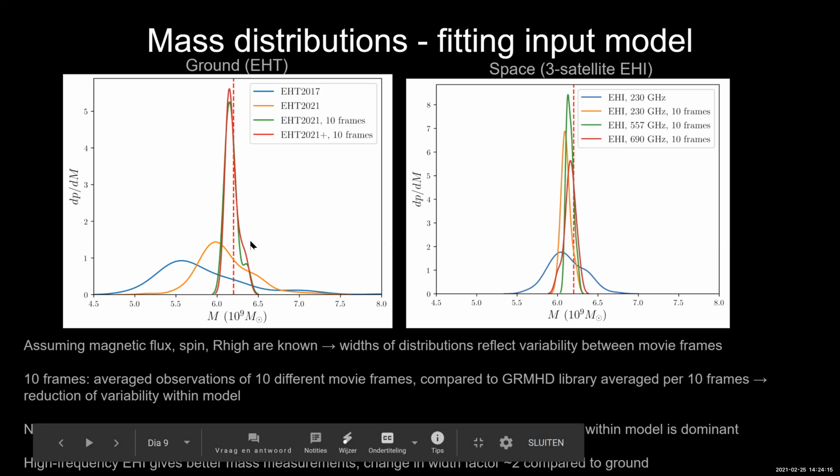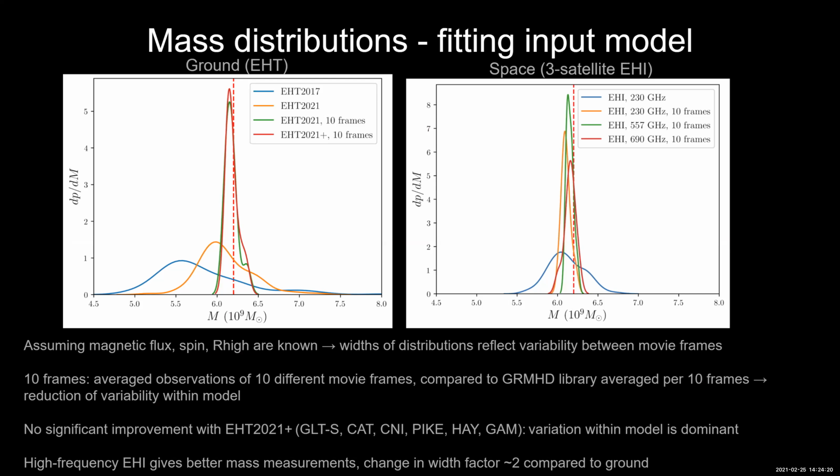So here we can see that in some results. Here we took an input model and simulated observations of a frame of that input model and fit that to the other frames of that same input model. And here we see the distribution that we get in the black hole mass when we do that.